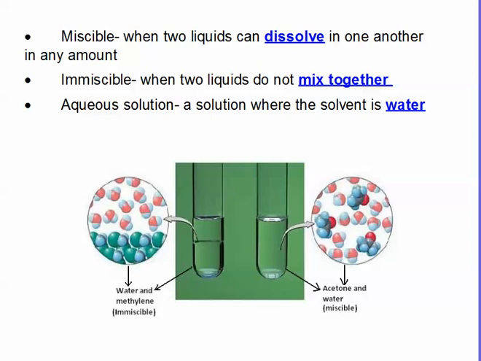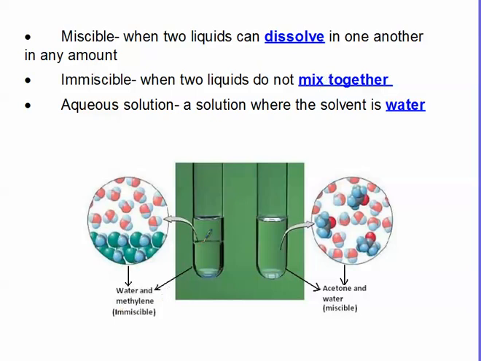Okay. So then we have these terms miscible and immiscible. It's similar to the idea of soluble and insoluble, but more specific. Miscible refers to two liquids, and if they can dissolve, it's referred to as miscible. If it's immiscible, that's when they don't mix. So you have clear layers. Here we have a solution of water and methylene.